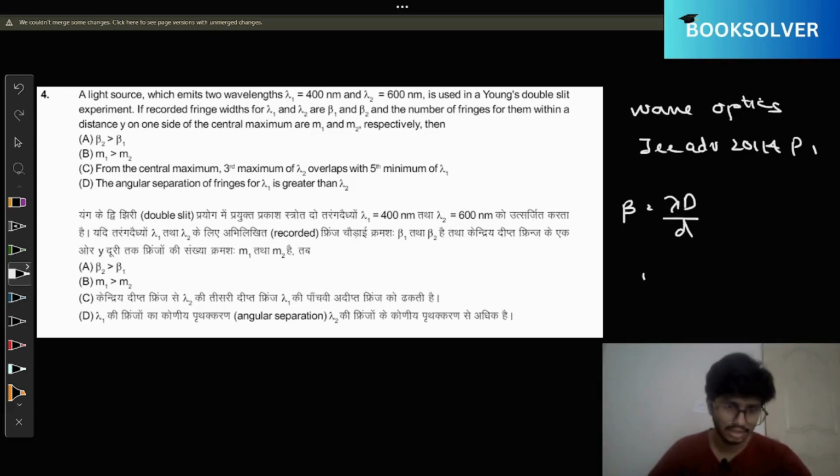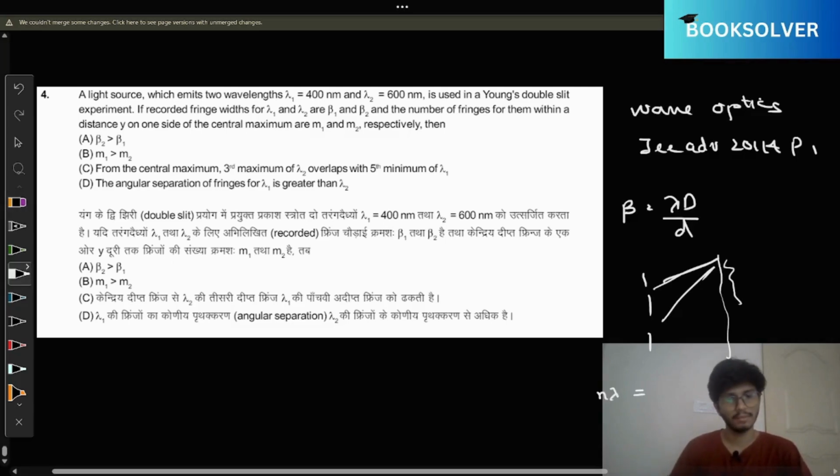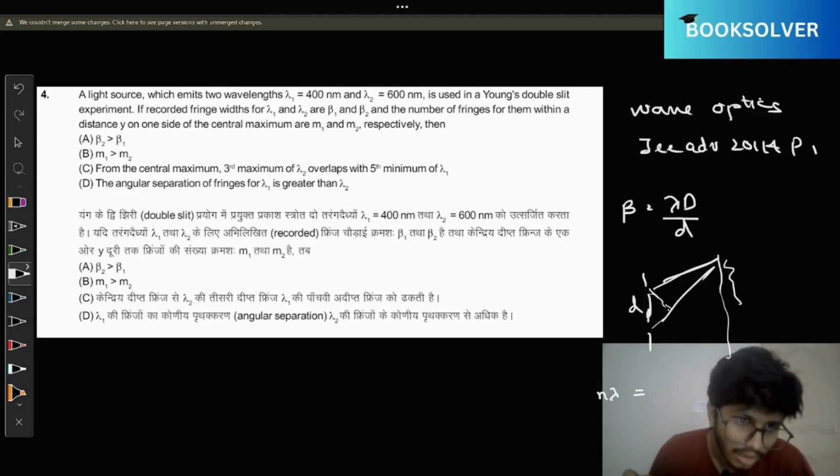How do we get this? See, this is your screen. Say n lambda is equal to the path difference, which is d. If we say this is theta, then the path difference is d sine theta.